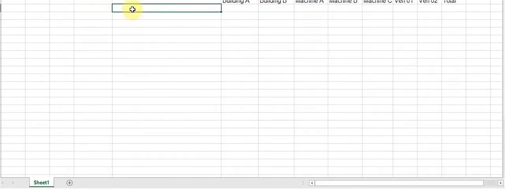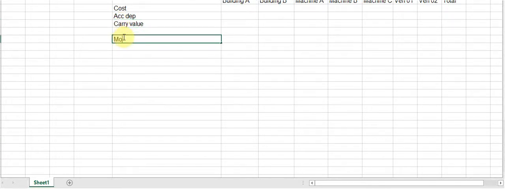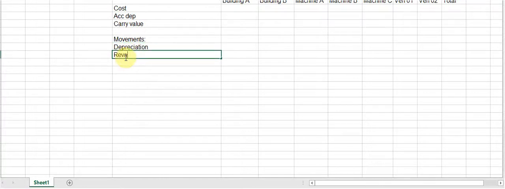In the descriptions, we're going to have a cost. Then we're going to have an accumulated depreciation at the beginning of the year. We're going to have a carry value at the beginning of the year. We're going to need some movements. Under movements, we will have, of course, depreciation, revaluation surplus.